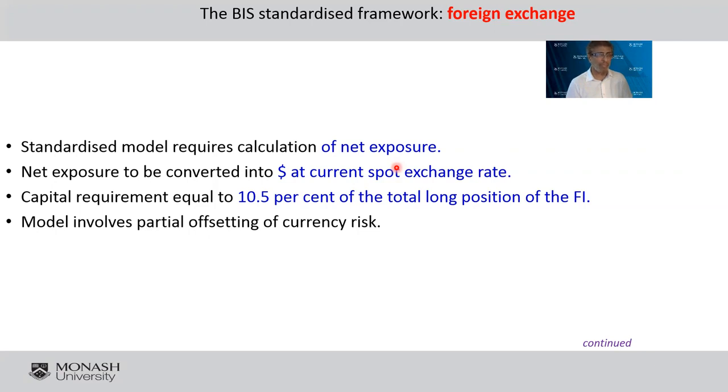You convert it into a dollar value based on your positions and multiply by 10.5% as your capital. You will see your net exposure multiplied by the dollar value and by 10.5% to get the impact on the risk and add it to the capital. When you calculate the capital adequacy, we'll talk about it in week 11.